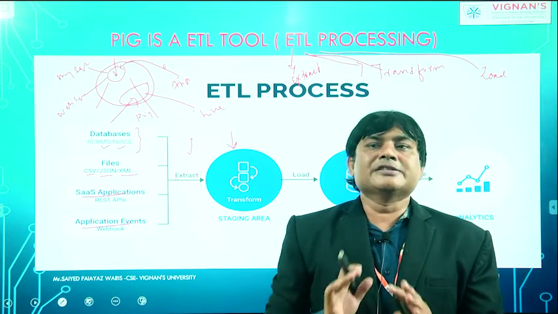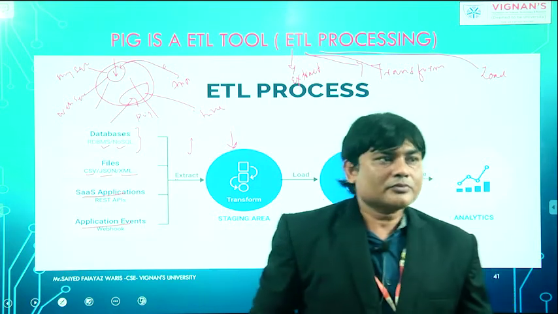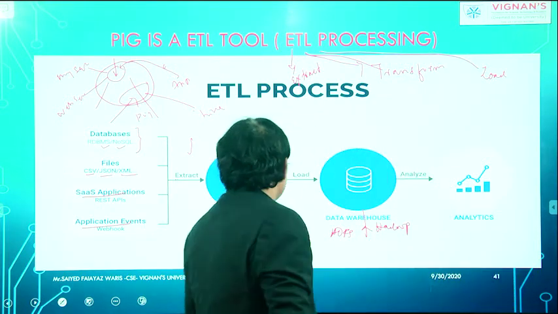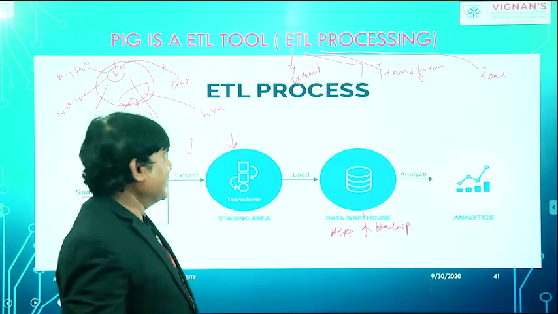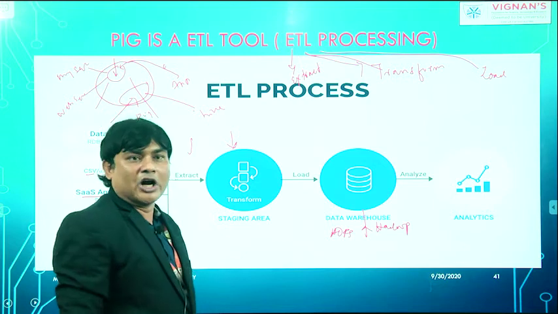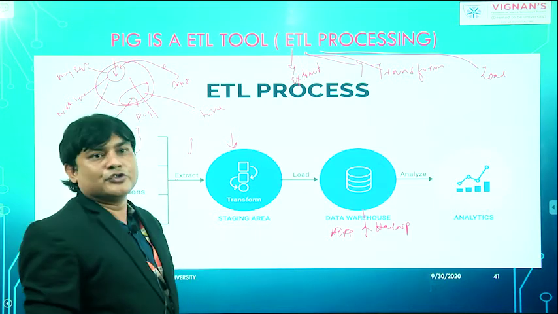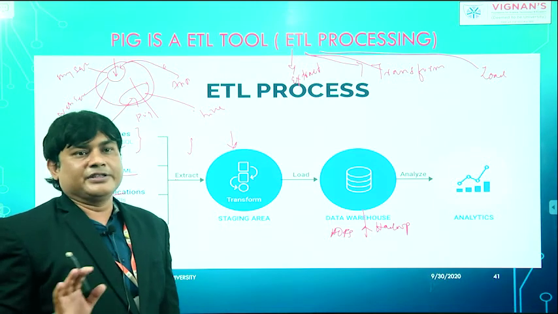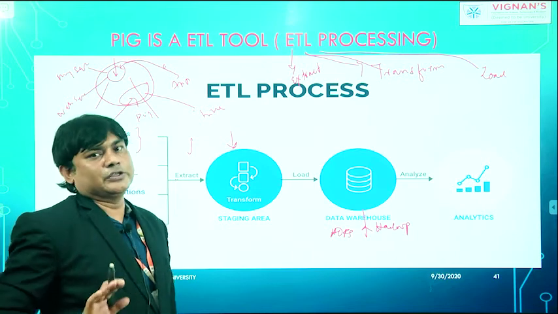I hope you understand the ETL process. We already learned in data mining and data warehousing how the ETL process is carried out. In the same way, Pig also uses the same strategy for ETL.